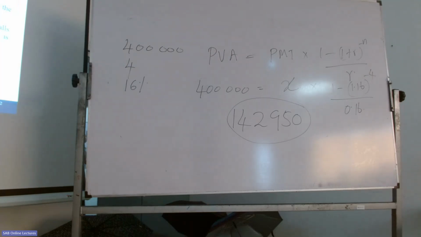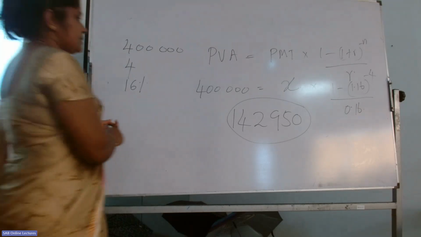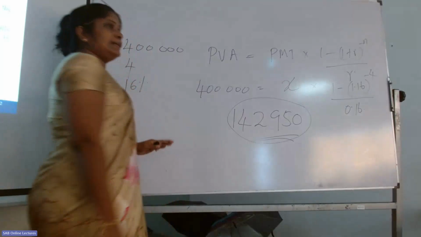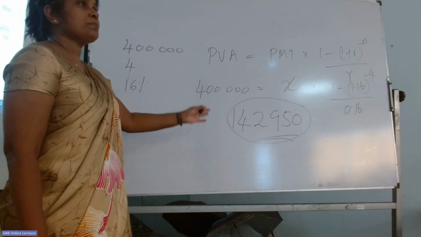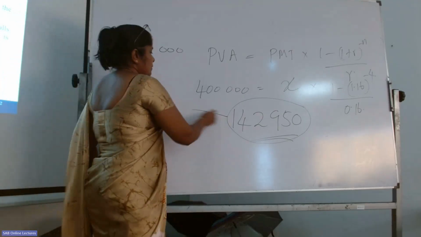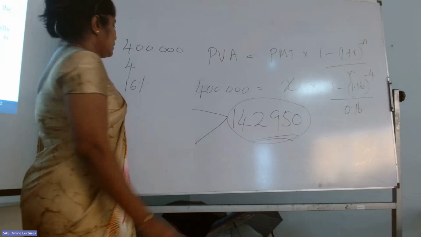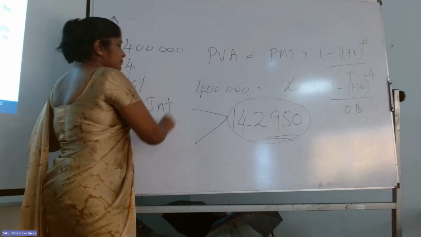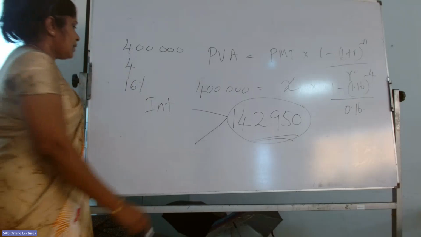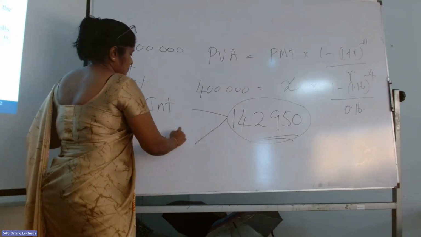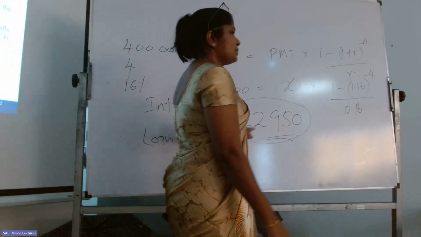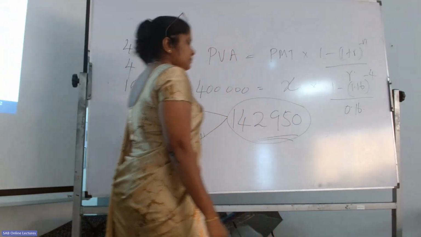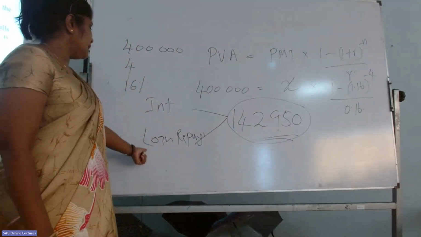So normally in a loan amortization schedule, this installment is an annual installment. It is an annuity. At the end of each year, you deposit this amount. This is fixed. This installment includes two components: one is the interest for the period, and the other is the loan repayment.